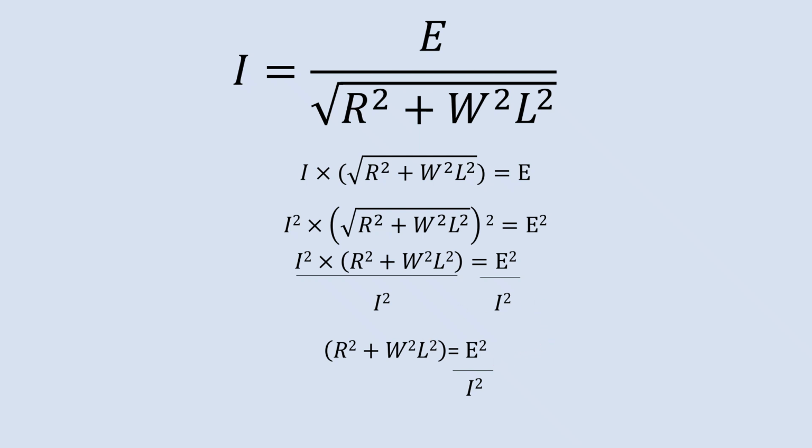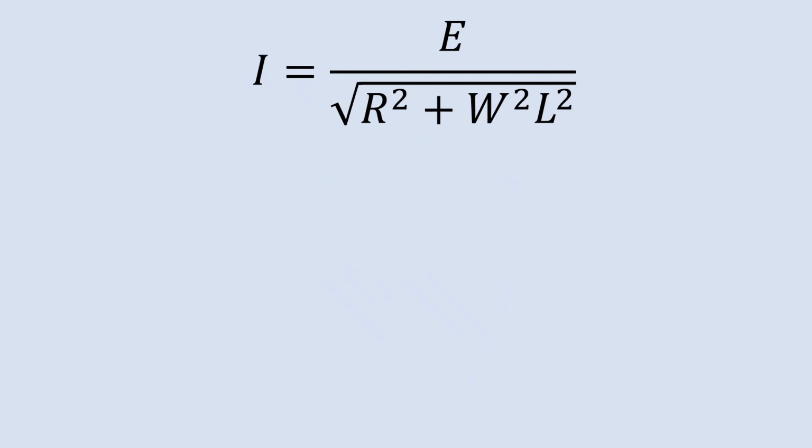So R squared plus W squared L squared is equal to E squared over I squared changes to R squared is equal to E squared over I squared minus W squared L squared.